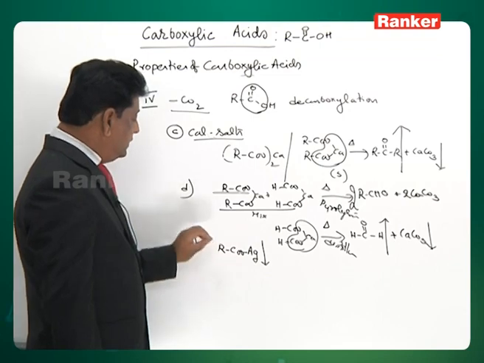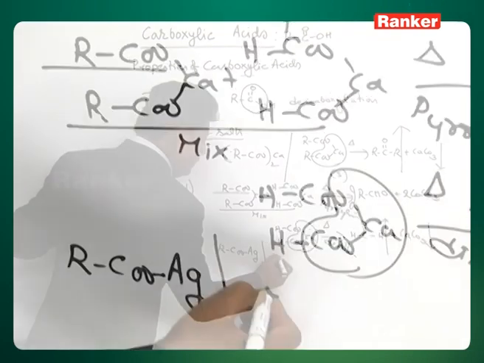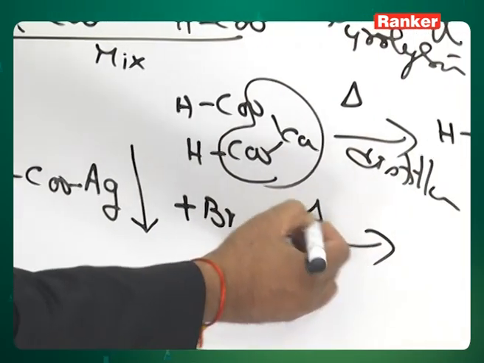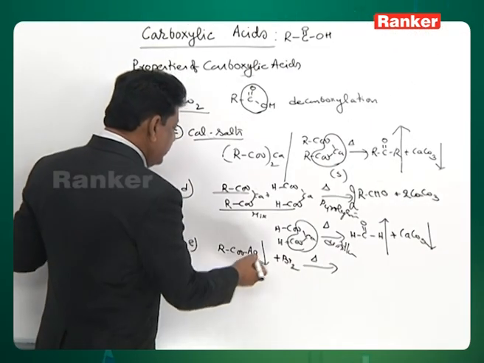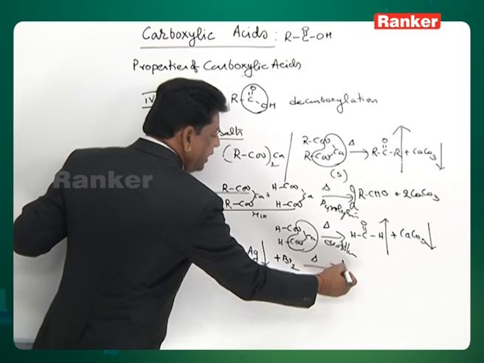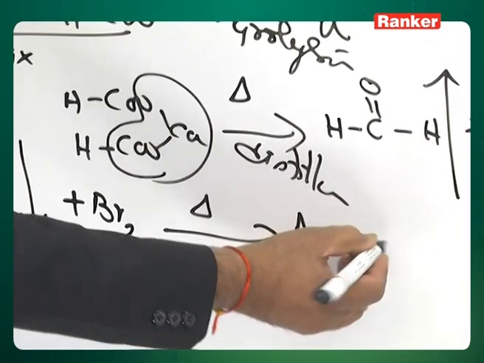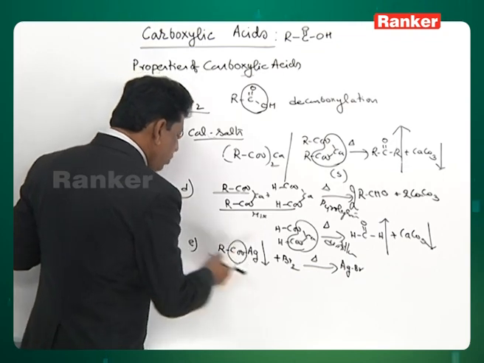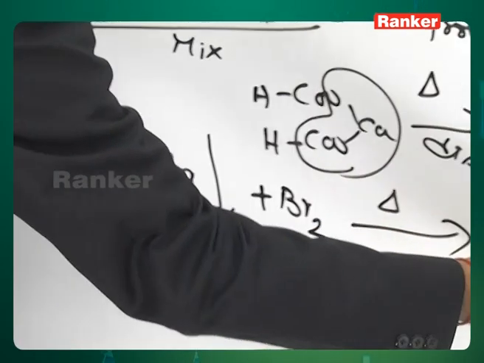So, you take the silver salt of the carboxylic acid, add bromine and then heat it. Here the bromine and the silver become silver bromide, and then CO2 is removed from the RCOO, and R and Br become RBr.